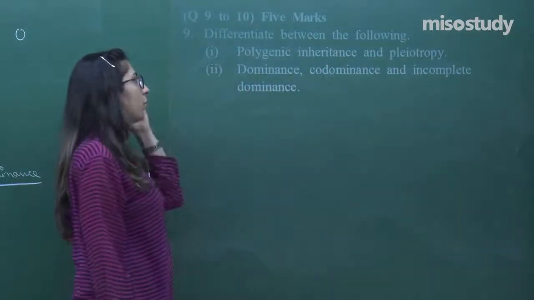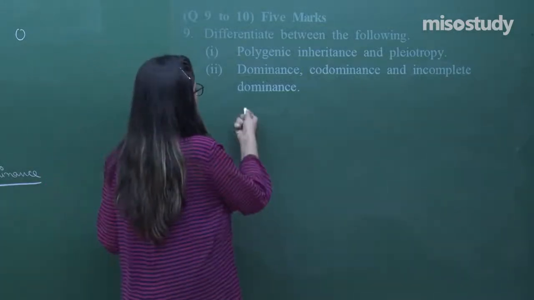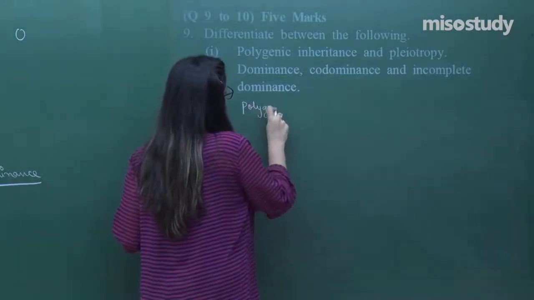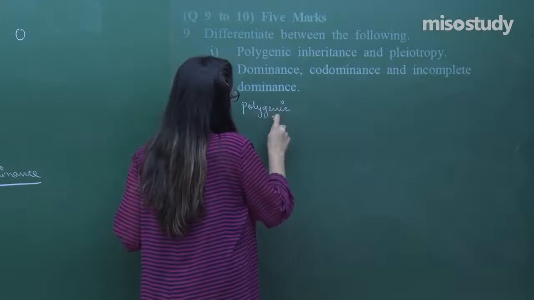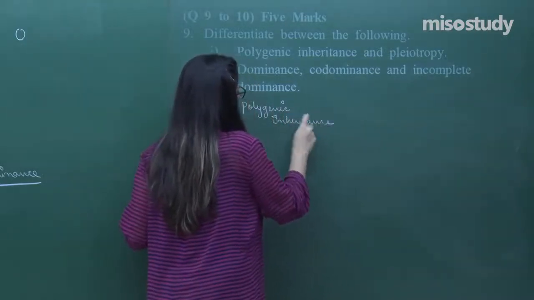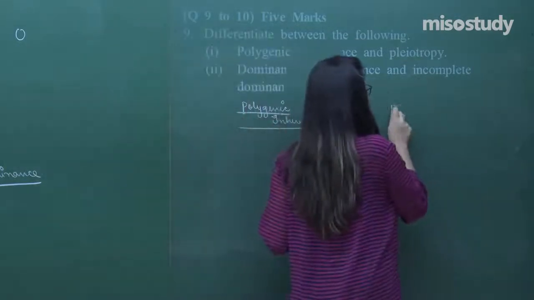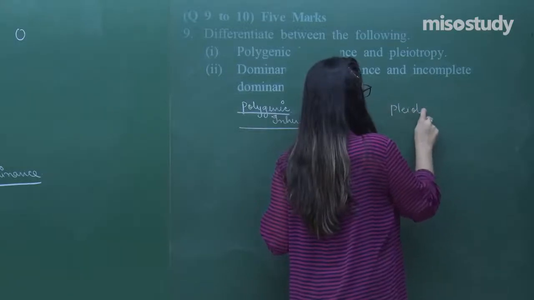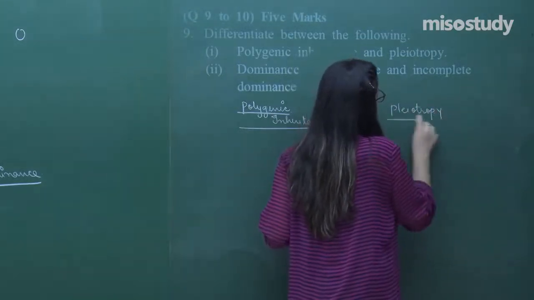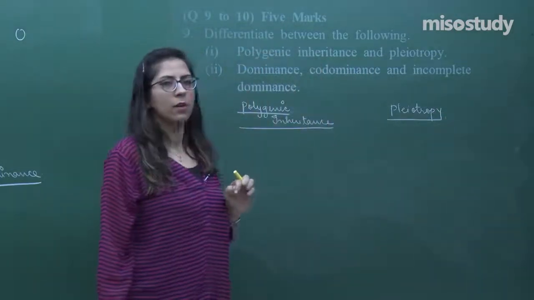Differentiate between the following: polygenic inheritance and pleiotropy.